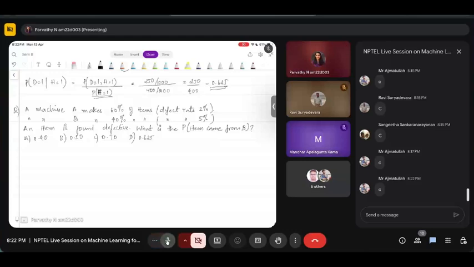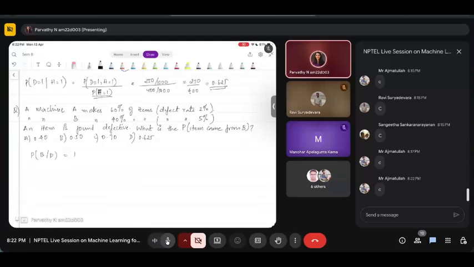So we have to use Bayes' theorem here. So by Bayes' theorem, what we have to find here is probability of B given the item is defective.